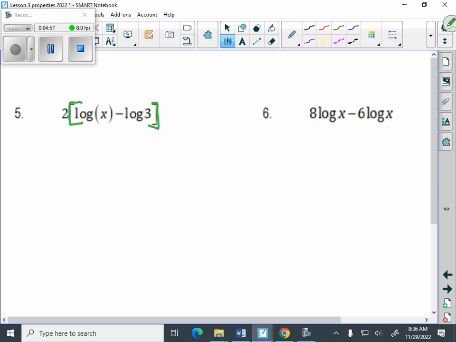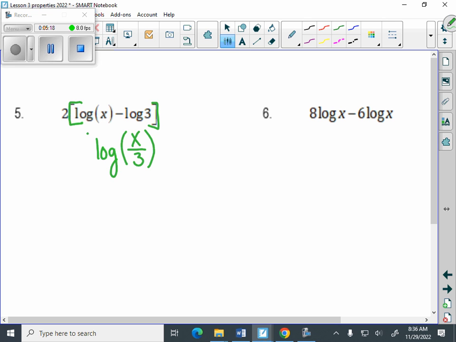And what we see in terms of operations is a minus sign, and minus indicates that we're going to use the quotient property of logarithms. So we can simplify what's inside our brackets here into the log of x divided by 3.